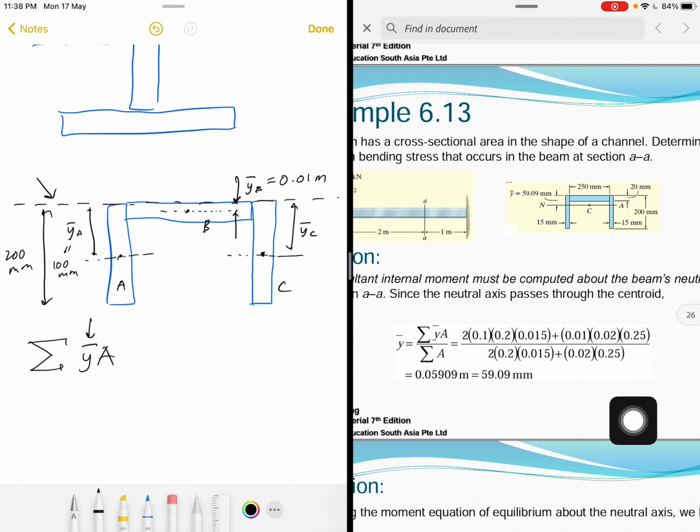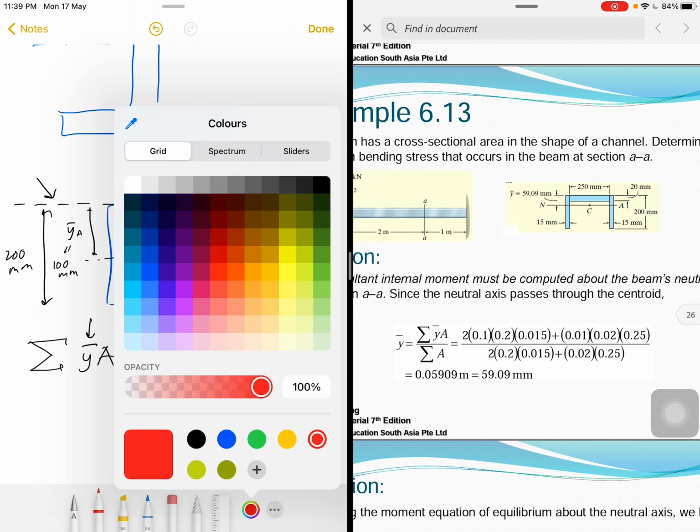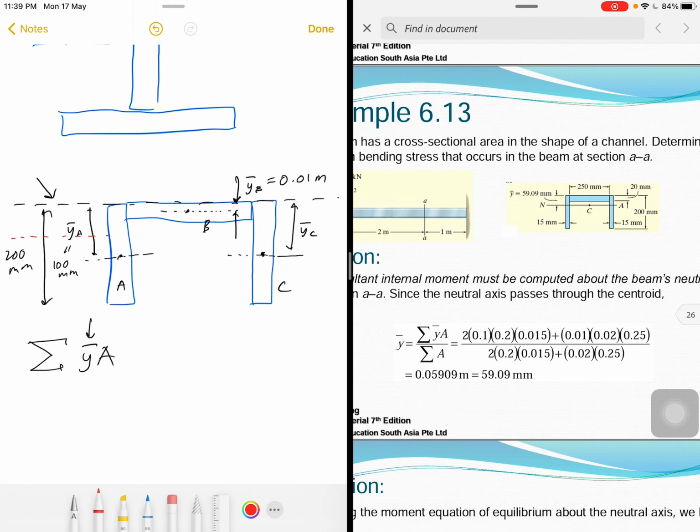So the neutral axis is 59.09 millimeter, which is somewhere around here. Let me draw with red color. So this is the neutral axis.